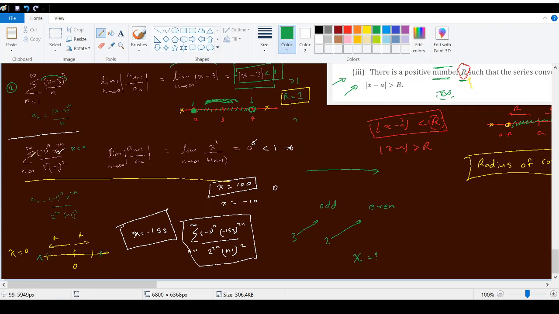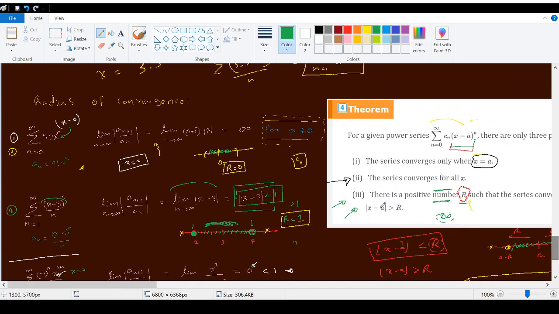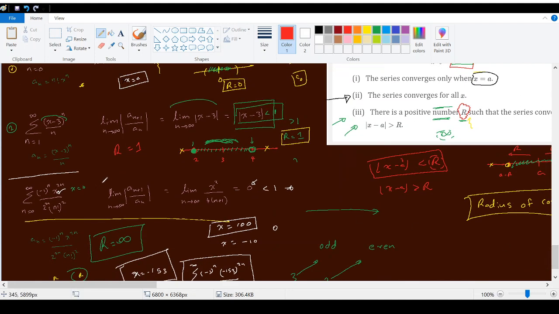But here we saw that for all the x values the series converges. So in other words, if we need to implement this idea of the radius, we can say that the radius is infinity in this case. Now see, in the first example our radius is equal to 0, in the second example we have the radius 1, and in the third example we have the radius infinity.